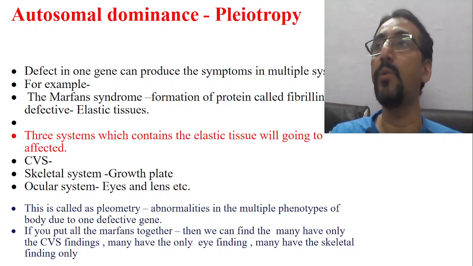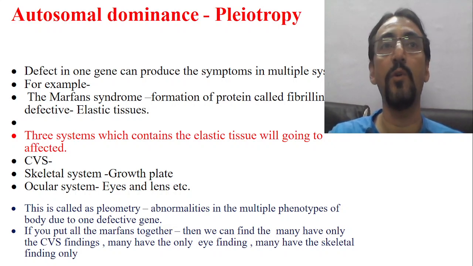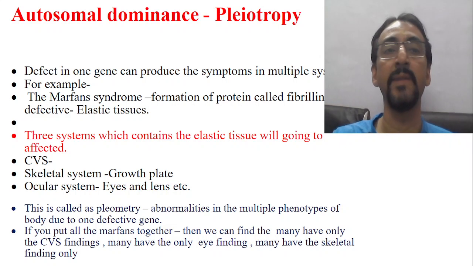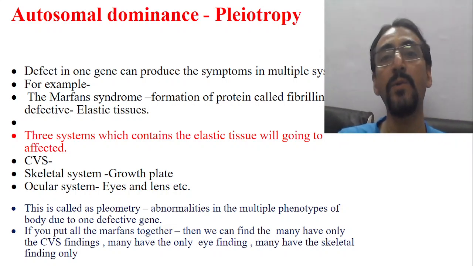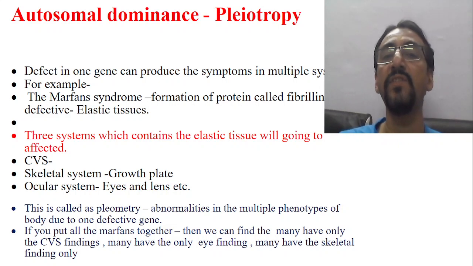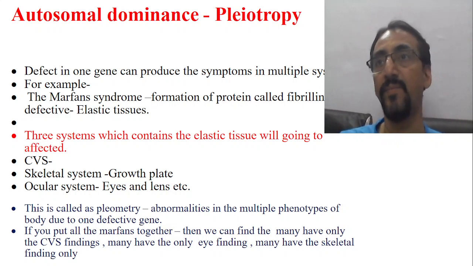What do you mean by pleiotropy? Pleiotropy is also commonly seen in autosomal dominant disorders, just like penetrance. Pleiotropy means a defect in one gene can produce symptoms in multiple systems.